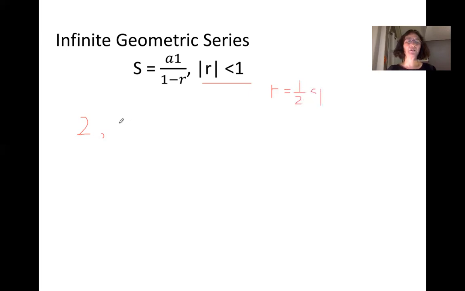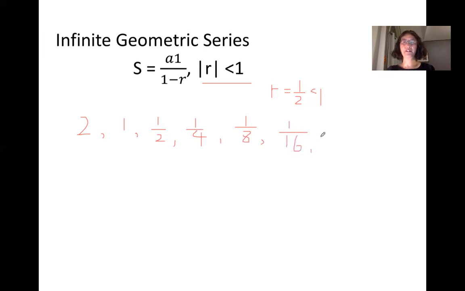Each time you multiply this ratio to the previous number to get the next number. So 1 multiplied by 1/2 gets 1/2. Each time you multiply by 1/2 of the previous number.